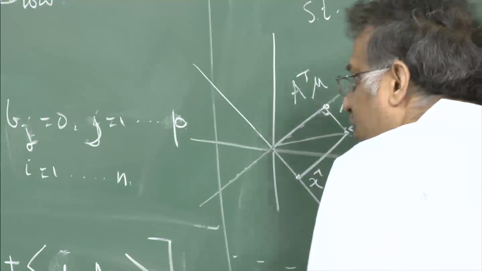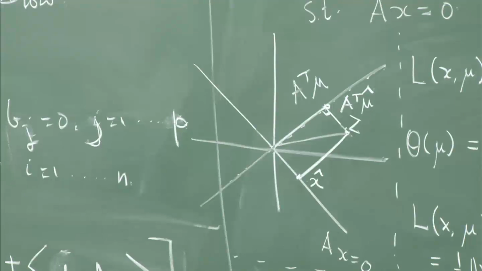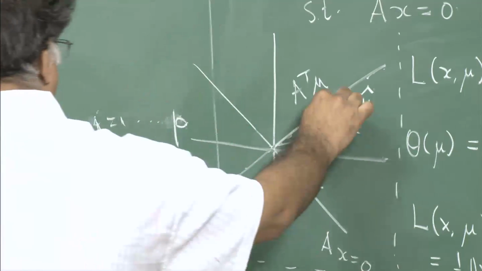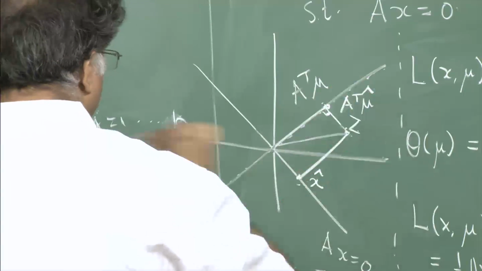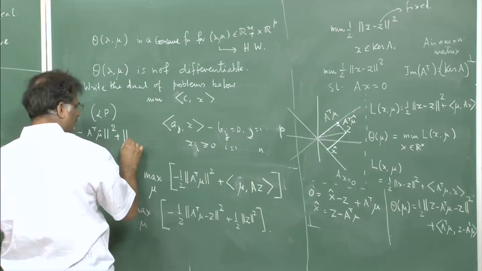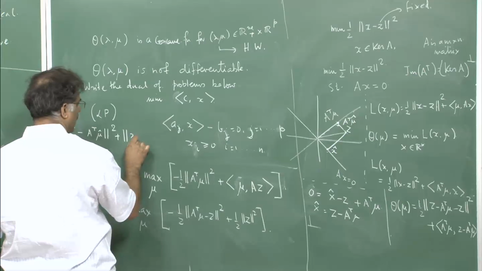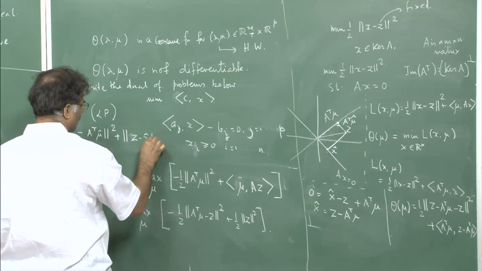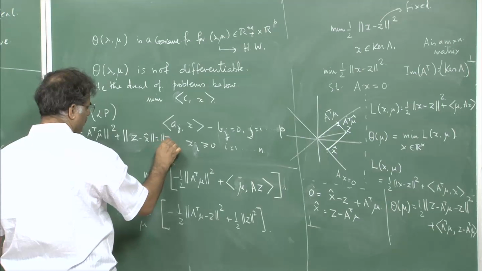Here is my mu hat where the perpendicular lands, here it lands at x hat. So, you see now this plus z minus x hat is equal to norm z square.